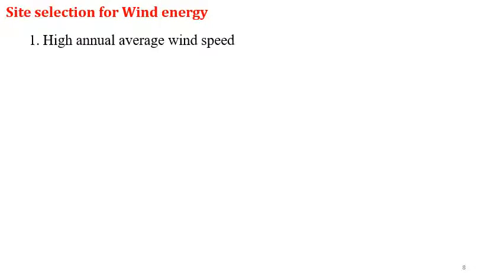Next are the important factors to be considered for site selection for a wind energy conversion system. One very important factor we have to consider is high annual average wind speed. We should know the annual average wind speed of that particular site before installing a wind plant.